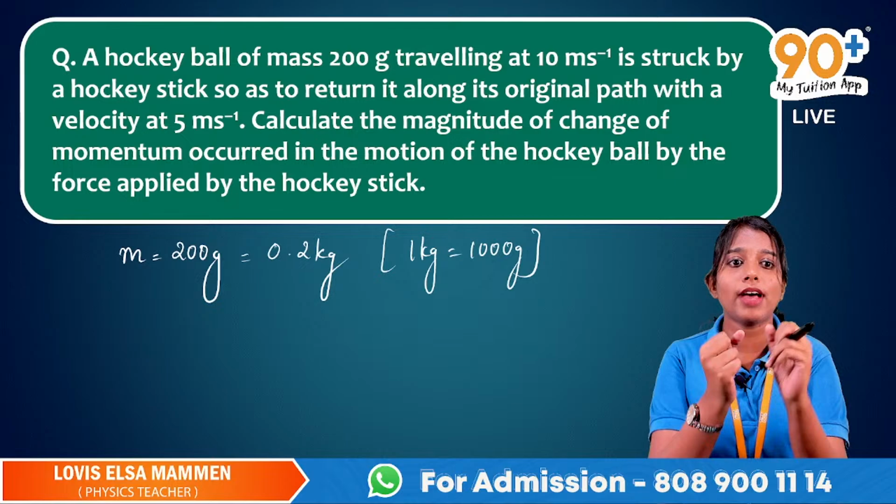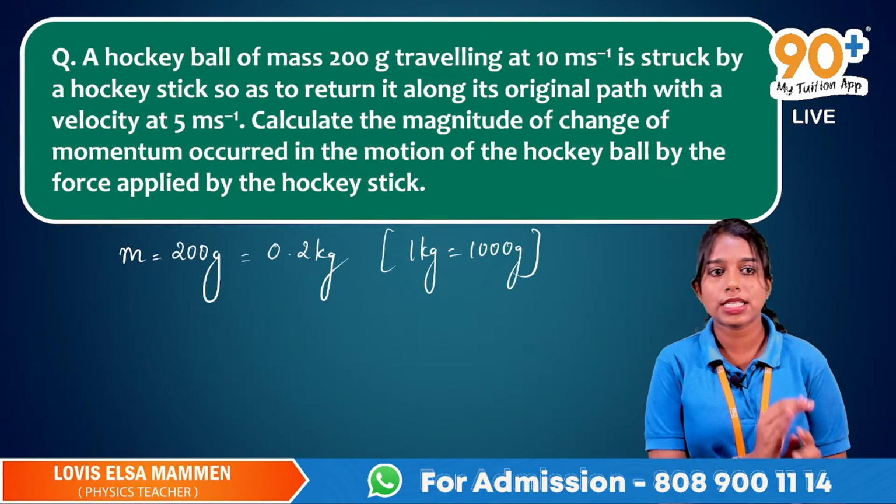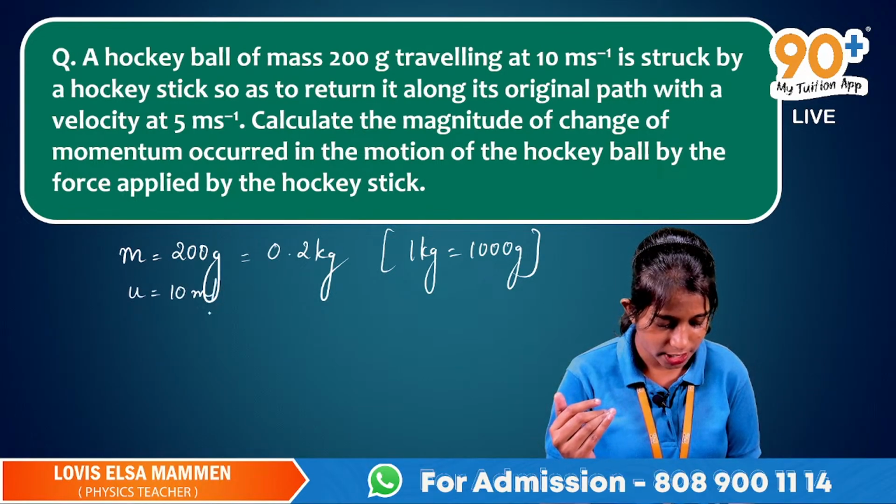That is the initial velocity. The velocity it was moving with at the beginning was 10 meter per second.